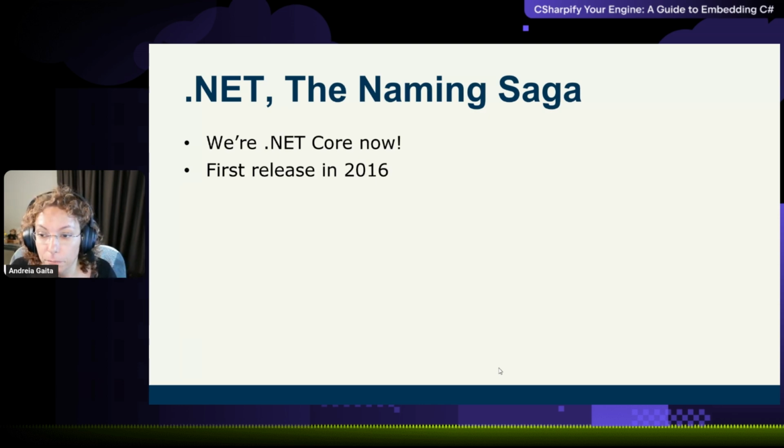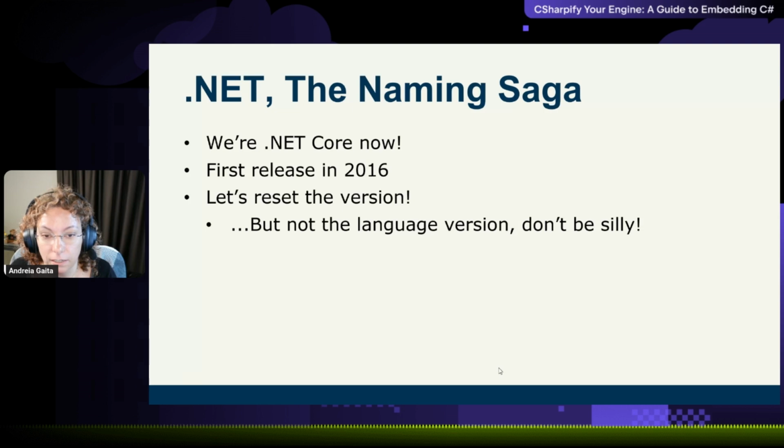And so cleanup was needed, and they decided on .NET Core 1.0, but not the language version, because the language version is based on the standard, and they can't reset that. So now the language version of C# and the .NET version became out of sync. But that's okay.